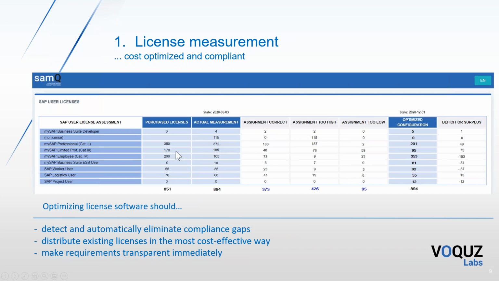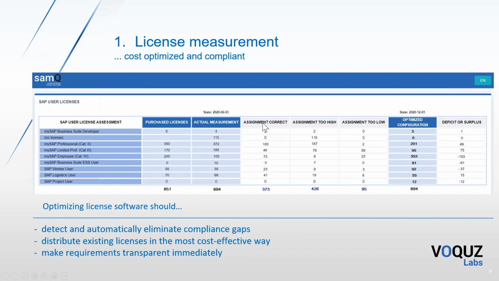So let's say they have been assigned a professional license, but in reality, they don't do that much. They only print out reports, so they could maybe be working with an employee user. Or on the opposite, they have been assigned an employee user or an employee self-service user, but they are very proactively working with the tool, writing new documents, entering data, and they need a higher license type like the professional one.